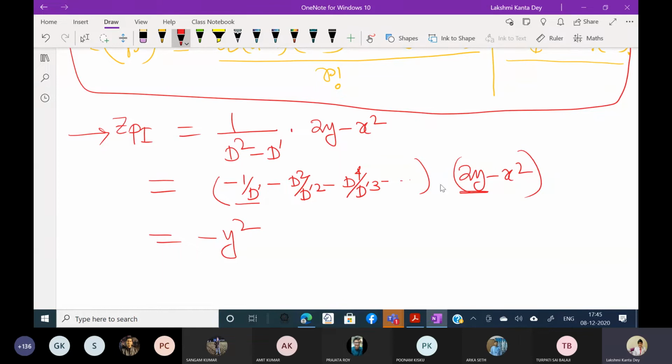Now if we integrate this, it is plus x square y. Clear? x is independent, because x is kept constant. We have to integrate with respect to y partially. So only integration like this, x square dy. So x square y.